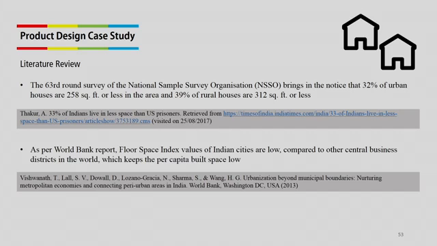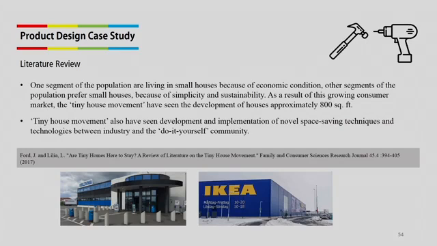We also came to know that as per the World Bank report, floor space index values of Indian cities are low compared to other central business districts in the world, which keeps the per capita built space low. We also came to know that one segment of the population lives in small houses because of economic conditions, and other segments prefer small houses because of simplicity and sustainability.